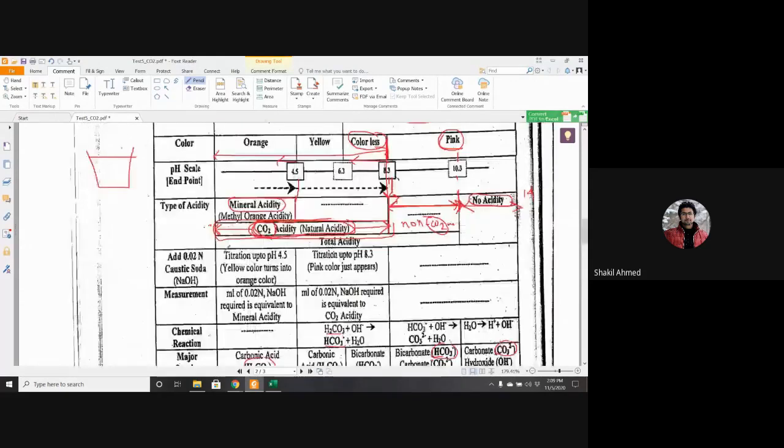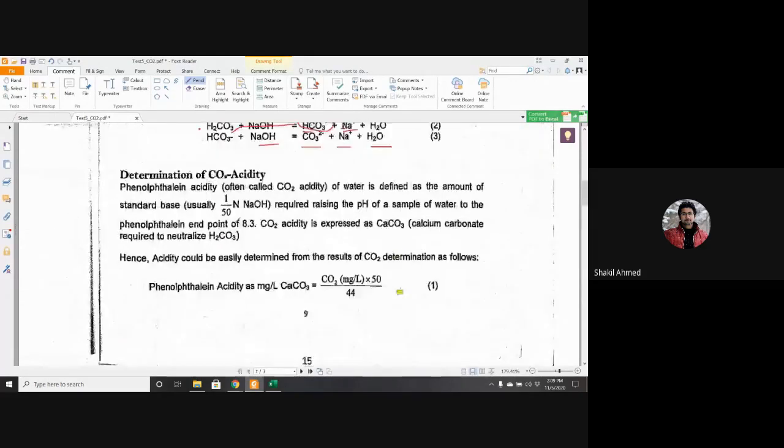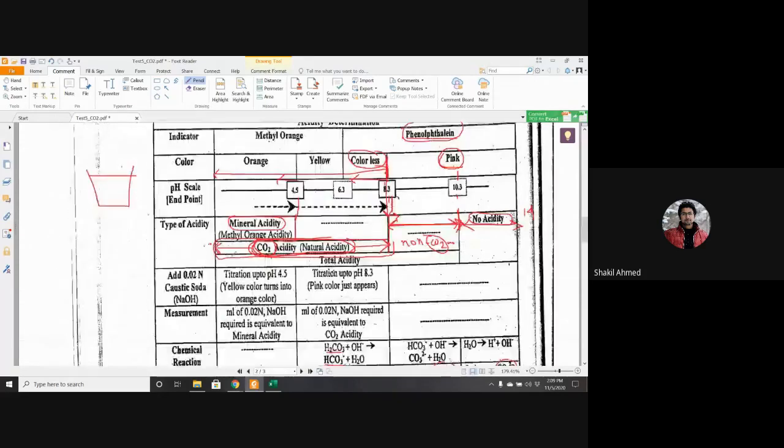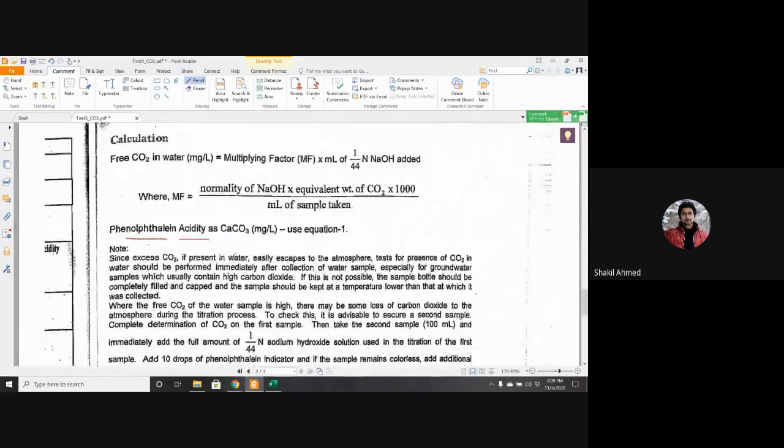This carbon dioxide concentration can also be termed phenolphthalein acidity, and that is basically free carbon dioxide in water, equal to a multiplying factor times the milliliters of 1 by 44 normal sodium hydroxide added.